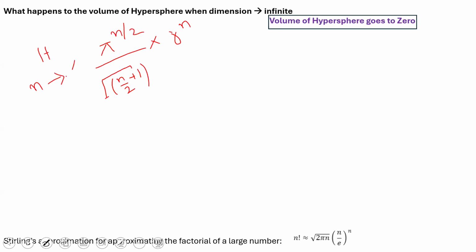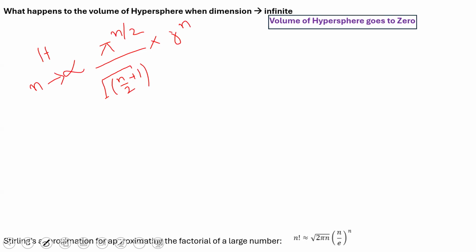What happens when n by 2 plus 1 goes to infinity? Okay. Now let's break this apart and see what happens to the volume of hypersphere if d tends to infinity.